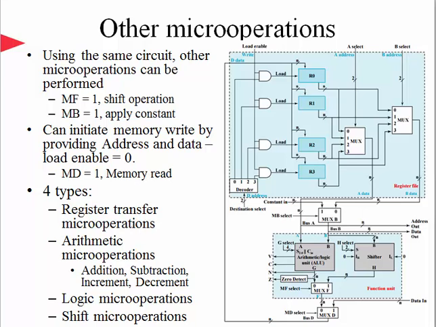So basically, there are four types supported by this framework. It could be register transfer microoperations, or arithmetic microoperations such as addition, subtraction, incrementation, or decrementation. There are logic microoperations that are supported by the functional unit, and shift microoperations.